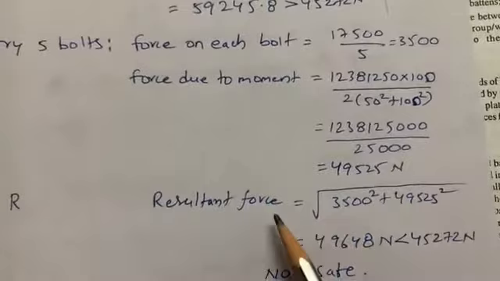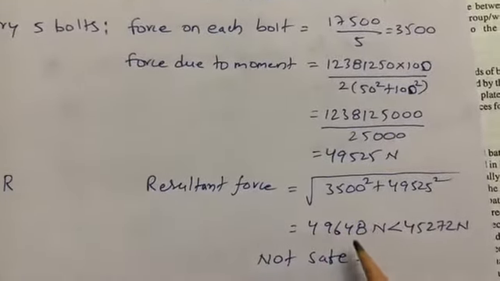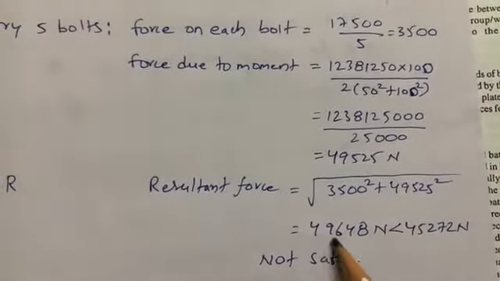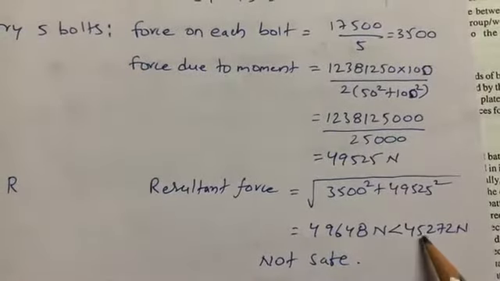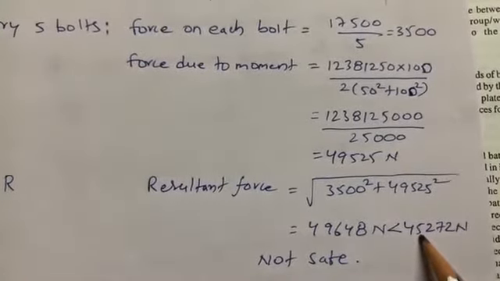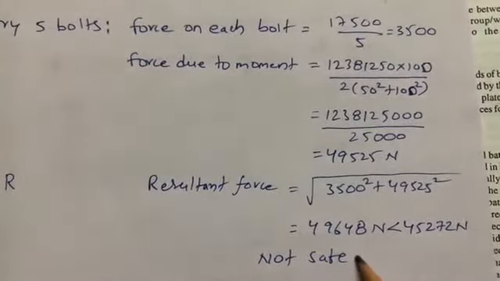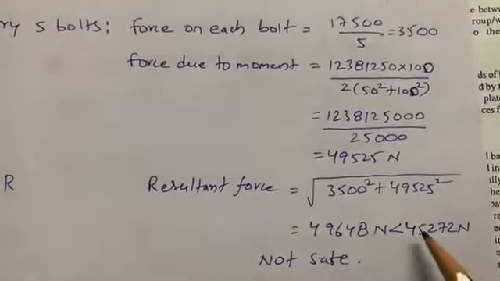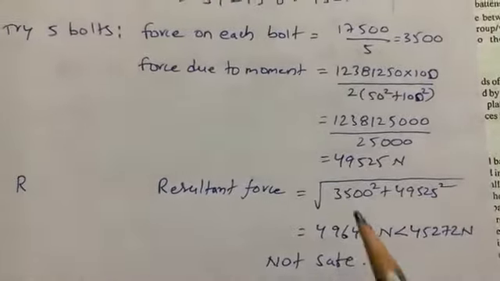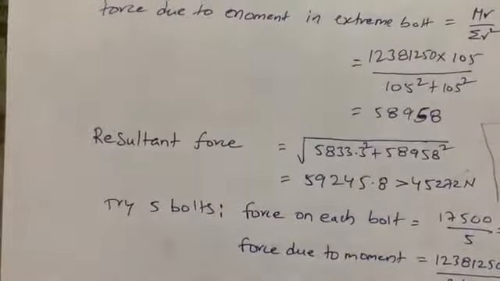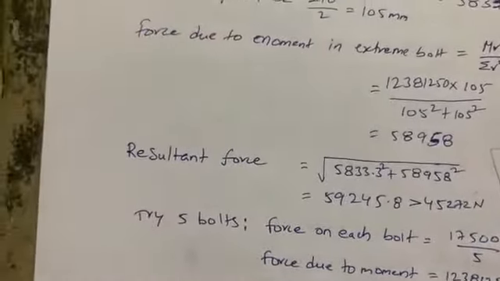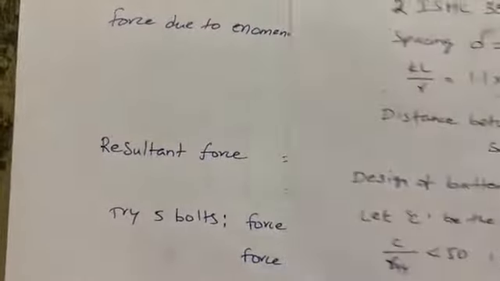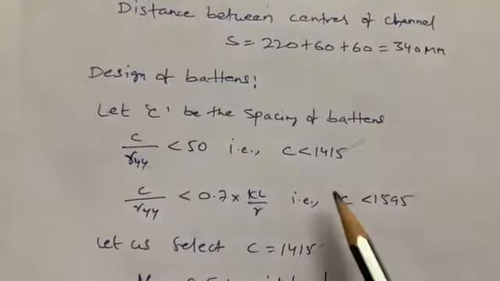Again I calculated the resultant force, f1 square plus f2 square, and I got 49648 newtons, which is more than 45272. Hence it is also not safe. Why? Because our bolt value is 45272, but our force is more than the bolt value, hence it is not safe. Then we need to revise the section. Here we need not revise the section, we just need to change this value.